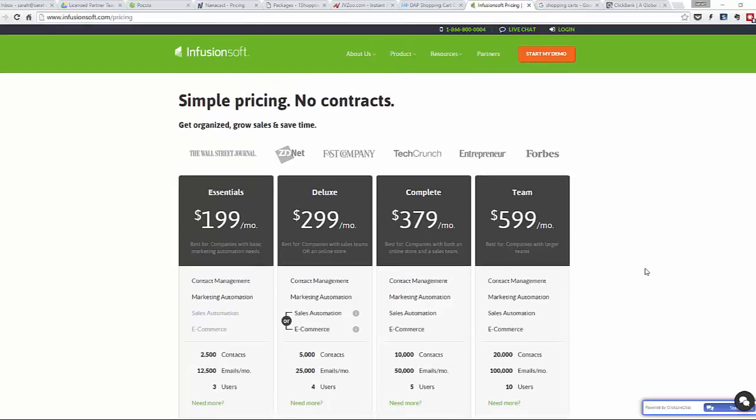But like anything, Infusionsoft does have its downsides. Obviously the price, but the big downside, I think, is that there are a lot of hidden costs. It is just a shopping cart and an autoresponder. If you want to create nice looking squeeze pages, you need to use a service like Leadpages.